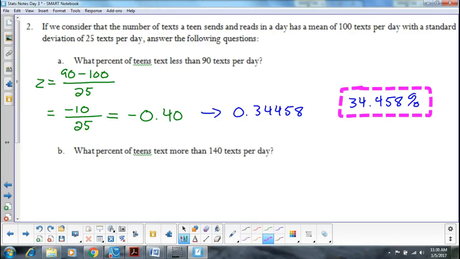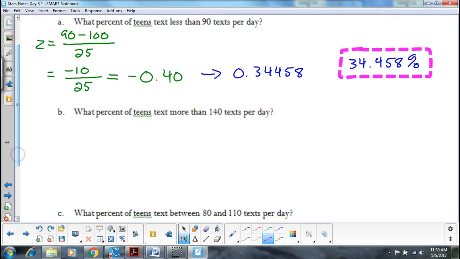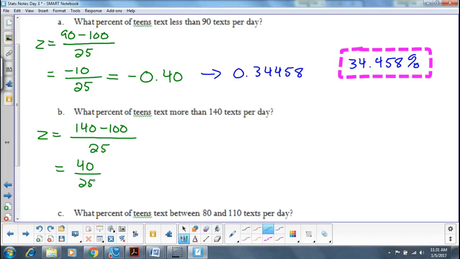What percent of teens text more than 140 texts per day? So first we have to find the z-score. That's going to be 40 over 25, which is 1.6.